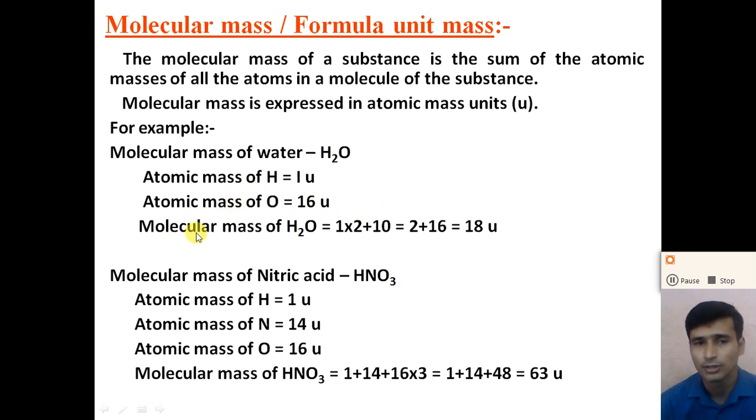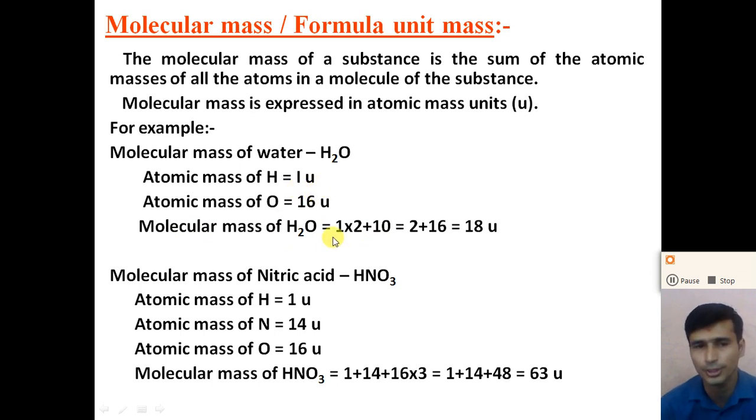So now the molecular mass of the H2O water molecule is 2 into the atomic mass of hydrogen plus 1 into the atomic mass of oxygen. Here there are two atoms of hydrogen, and hydrogen has an atomic mass of 1 AMU.